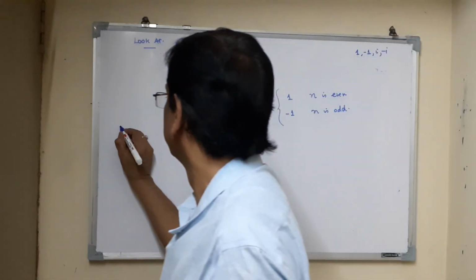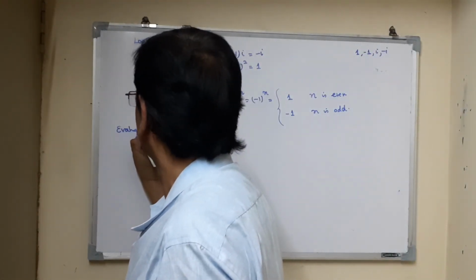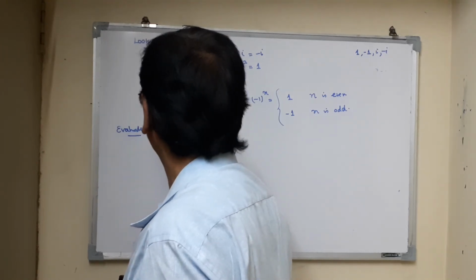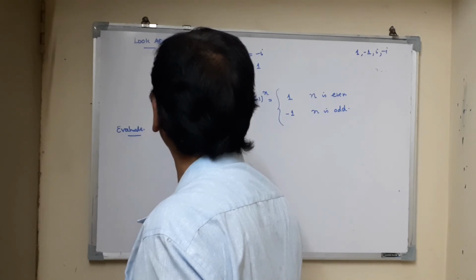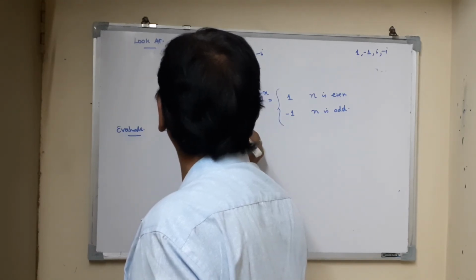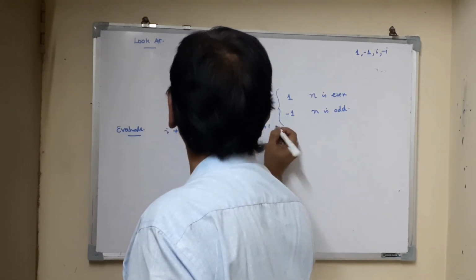Evaluate i square plus i power 4 plus i power 6 up to 2n plus 1 terms.